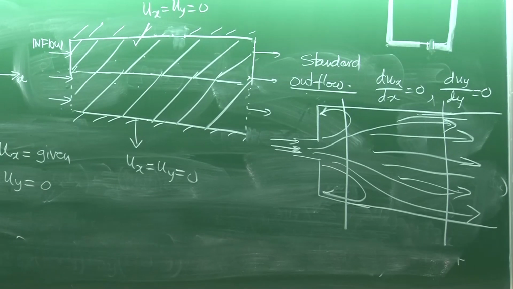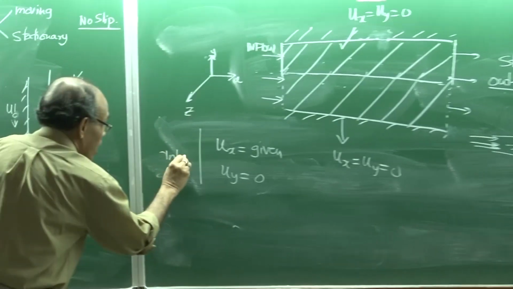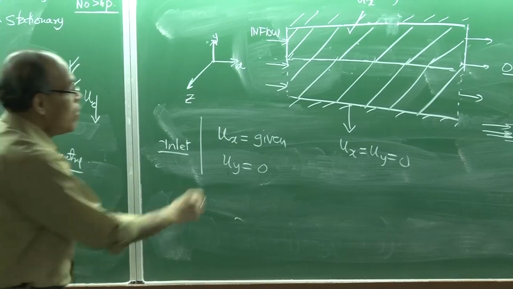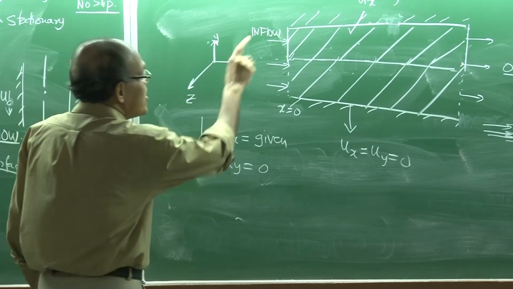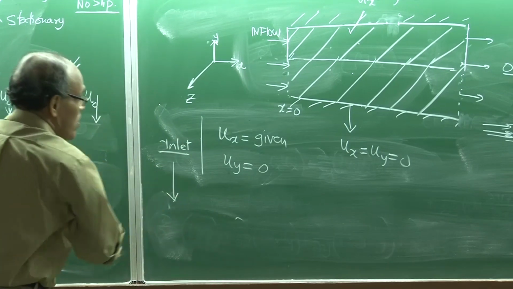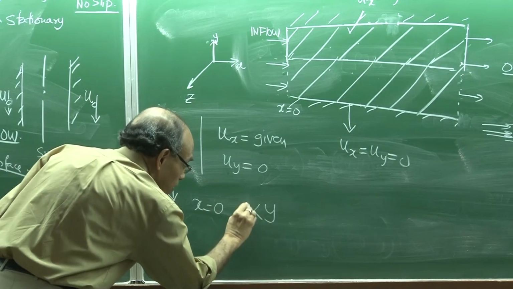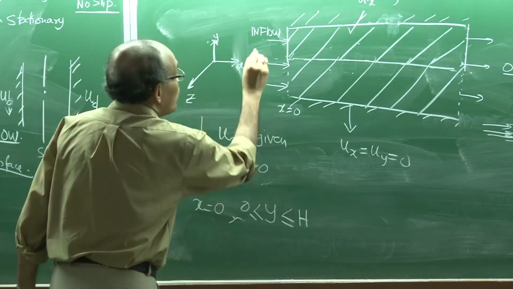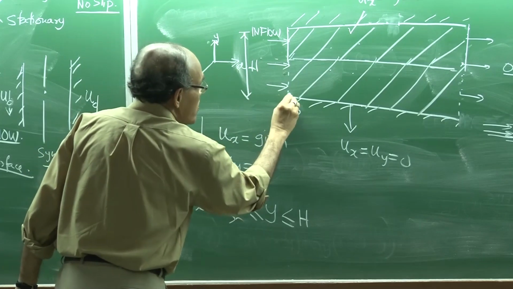So the boundary conditions are specified. This is the inlet condition. If I have to write it, and if this is x equal to 0, and this is a steady state problem, the inlet is at x equal to 0 for all values of y, from y equal to 0 to y equal to h, where h represents the height.